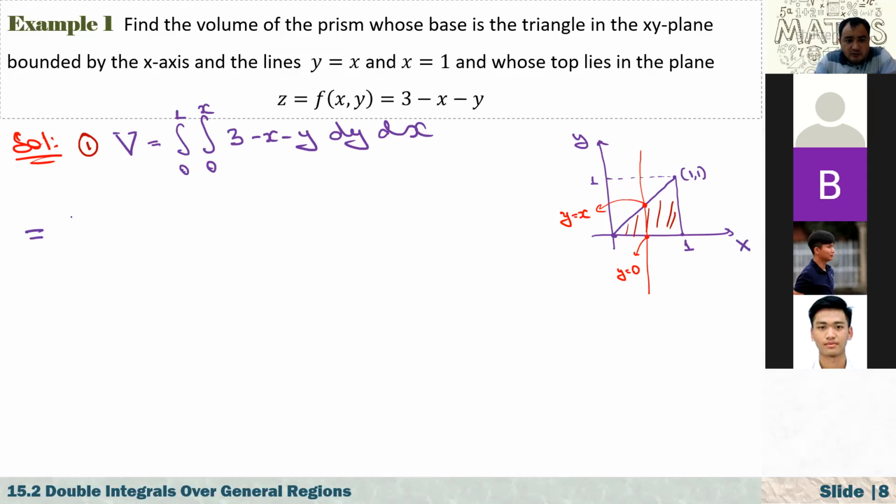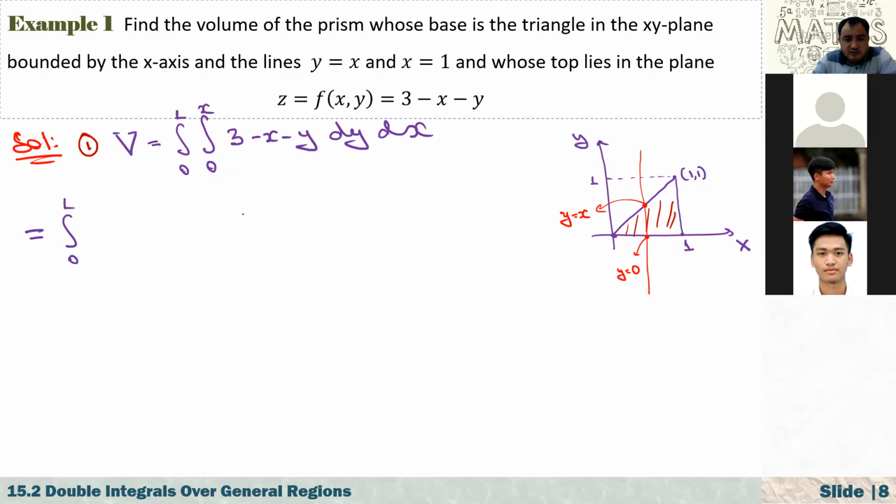So equals, now you know how to evaluate this. Starting from the innermost integral, we integrate 3 minus x minus y with respect to y. That means we treat 3 minus x as a constant. So that's equal to 3 minus x times y minus 1 over 2 y squared, with limits from 0 to x, and we still have dx, integral from 0 to 1.